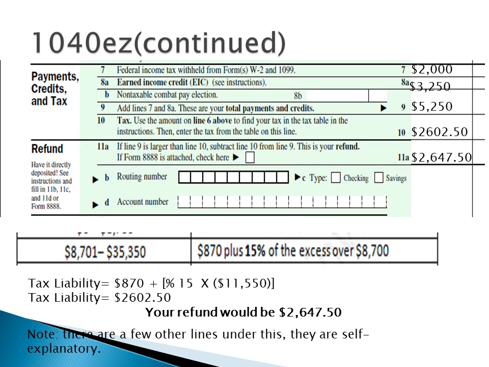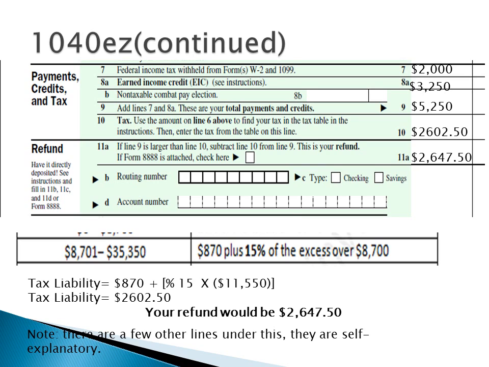Well, if you use the formula, your tax liability is $2,602.50. Your tax liability is less than your total payments and credits to the federal government, which means that the difference between the two, like you see here in 11A, turns out to be your income or your refund.